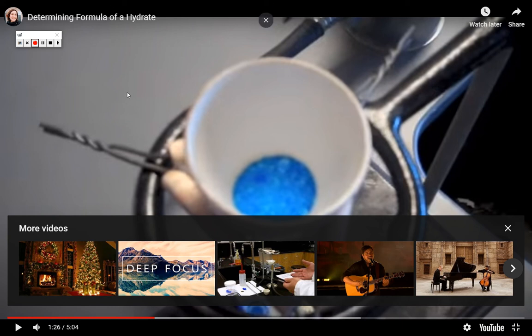Okay? So the next question says, why does the hydrate stick to the stirring rod when heating begins? So watch for a stirring rod, okay?